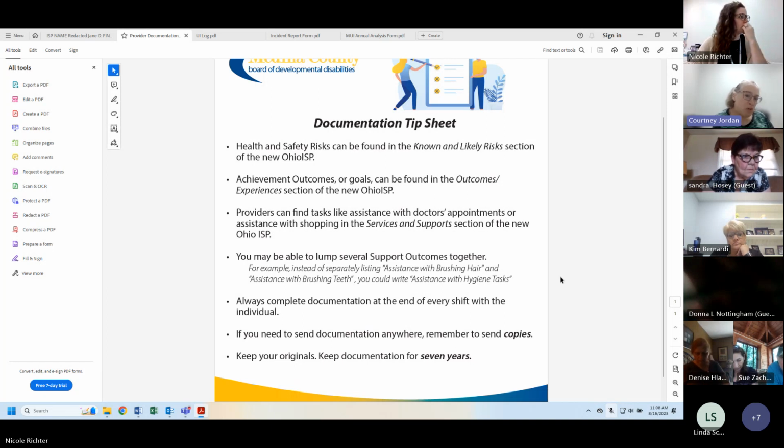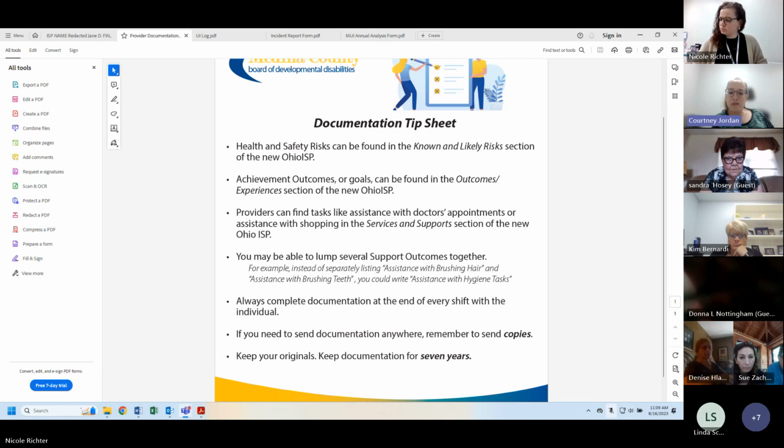Some things to remember: it's always best to complete your documentation at the end of every shift that you work with the individual. And if you need to send your documentation anywhere, always remember to send copies. Keep your own originals, because surveyors will want to see originals.